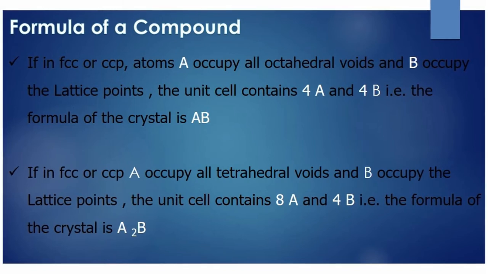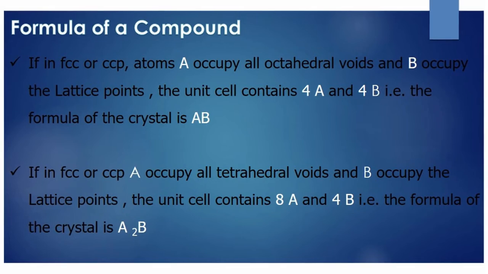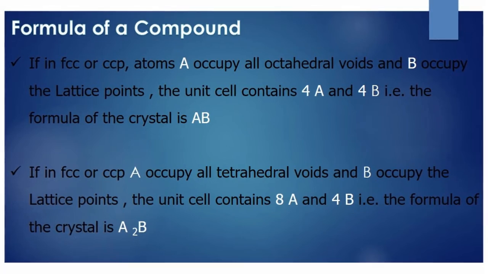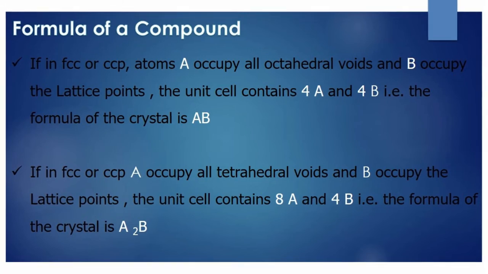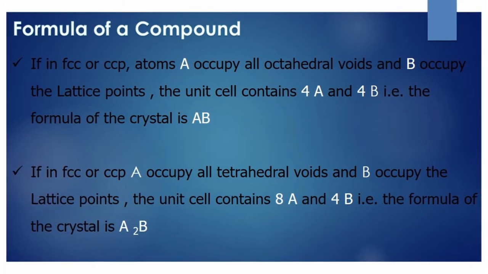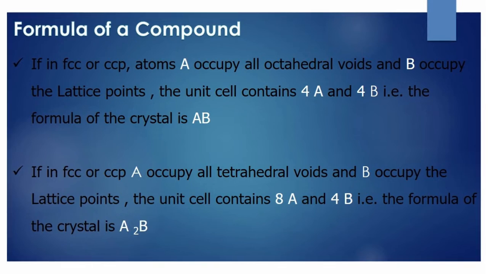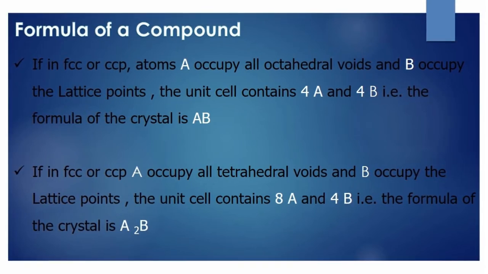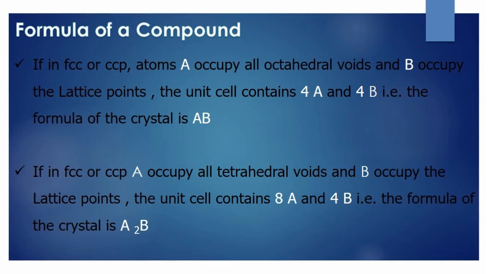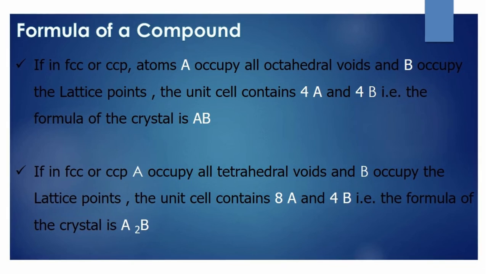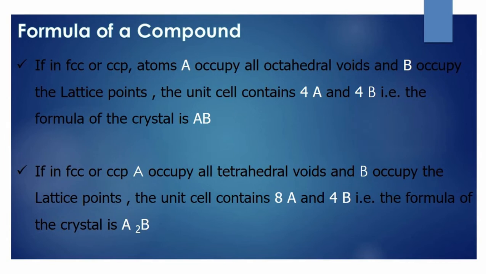So, let's see two examples. In the first example, atom A has occupied all the octahedral voids and atom B has occupied the lattice points. We know the number of lattice points or number of atoms is equal to the number of octahedral voids generated. So, atom A and atom B will be of the same number. So, the formula of the crystal will be equal to AB.